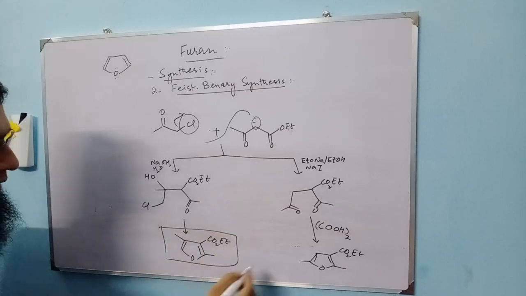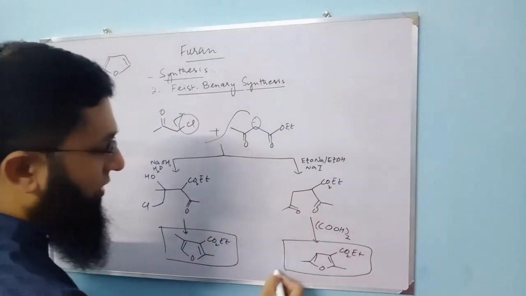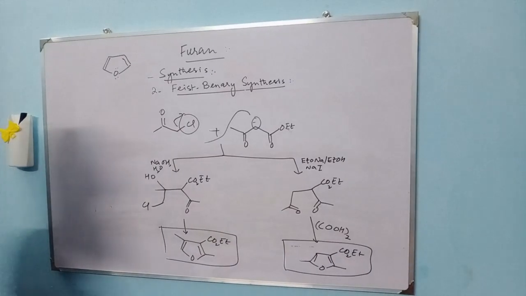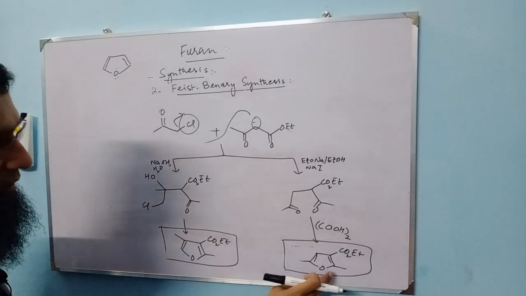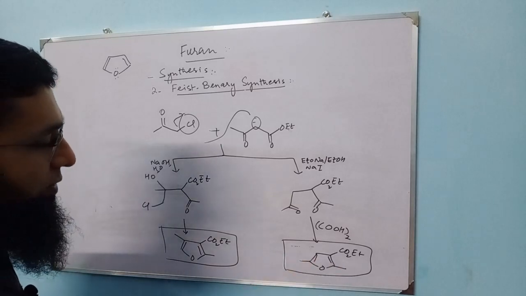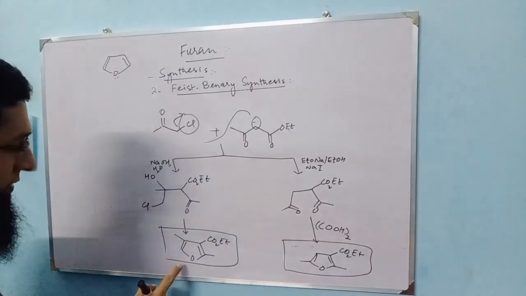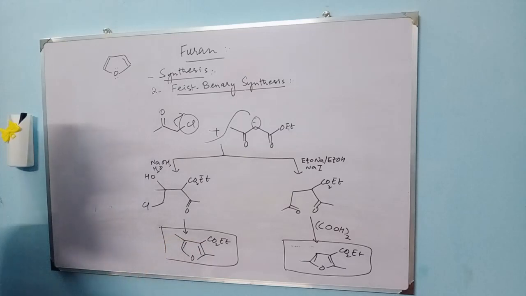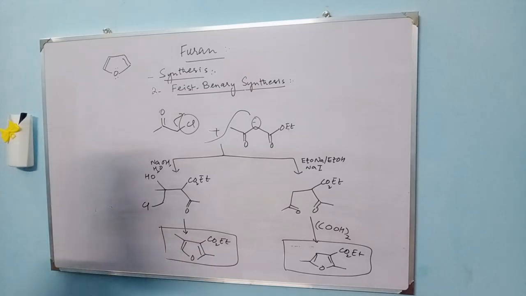So we can see if we have different reaction conditions, we can have different regiomeric products. For example, in this case we have 2,3,5 trisubstituted furan, and in this case we have 2,3,4 trisubstituted furan. So this was Feist-Benary synthesis.